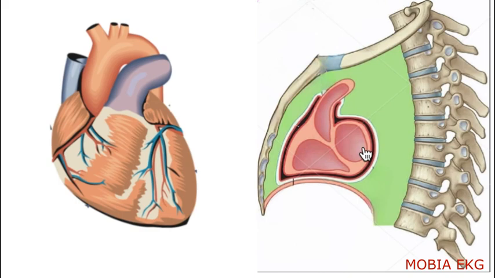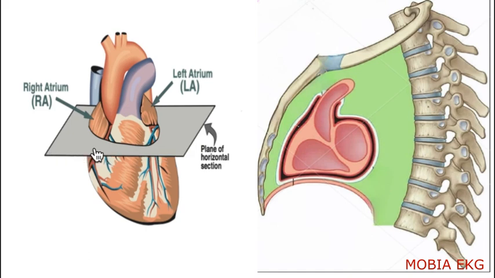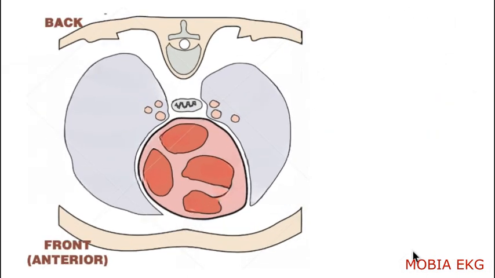For this reason, as you notice, the left atrium and right atrium are not located in the same line or same level. To show this, I would like to take a transverse section from the superior part of the heart and look inside the heart while it is in the chest cavity. Now we are looking inside the chest cavity from the top.